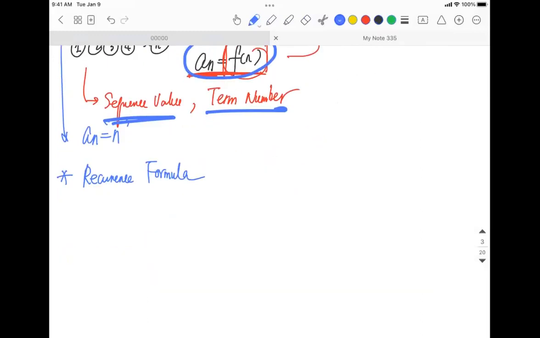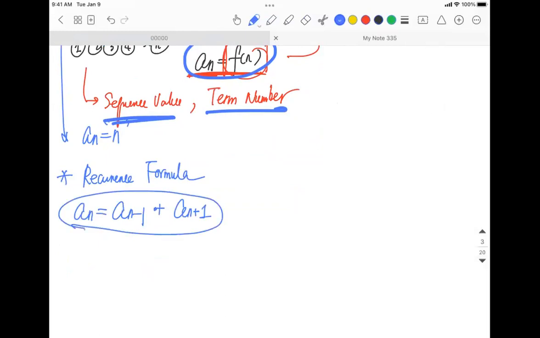In some sequence, let's say a_n = a_(n-1) + a_(n+1). For this specific sequence, I don't really know the general formula. If you ask me, hey Alex, what is the value for the 100th term? I don't know, but I always know that any single term is actually the sum of these two neighbors, right?